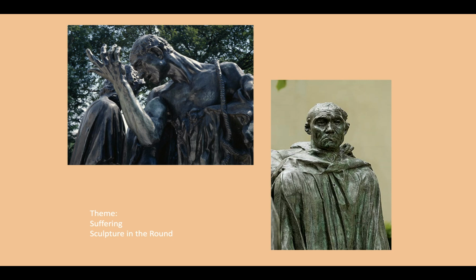And so there are parallels between the 100 Years' War and what happened in Calais and the Franco-Prussian War and what happened in Paris. And so that's what leads the city of Calais to commission this work.